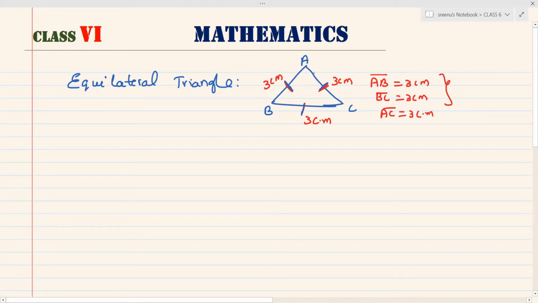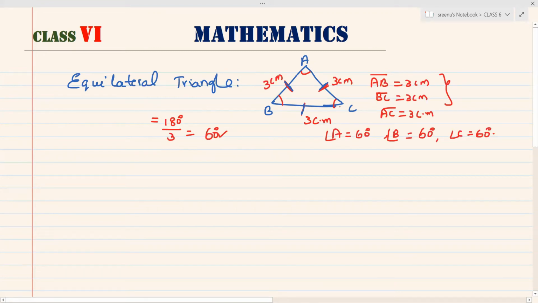At the same time, all the angles are also equal. What is the sum of angles in a triangle? Yes, 180 degrees. Divided into three equal parts, each part is 60 degrees. Angle A is 60 degrees, angle B is 60 degrees, angle C is 60 degrees.